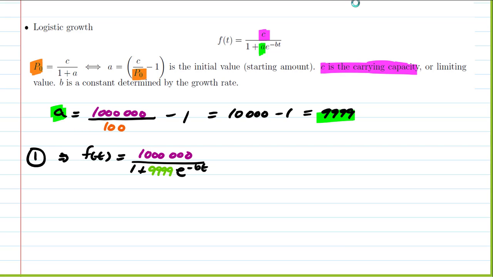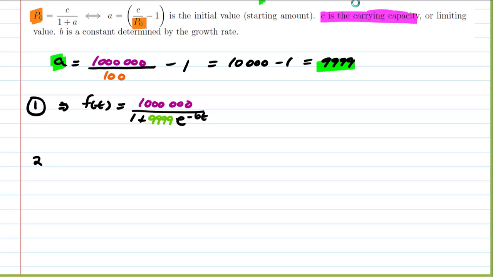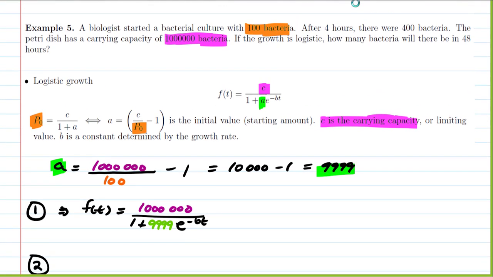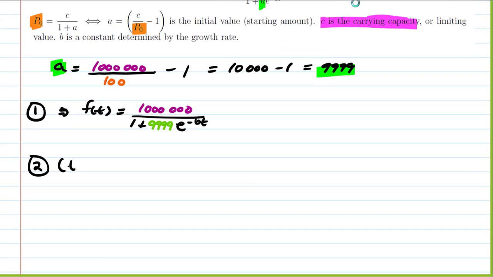So we still need to determine our value of b, but that's going to be our step 2. So now we need an ordered pair that goes together. We know after 4 hours that there are going to be 400 bacteria. So time and our population is going to be after 4 hours, there are 400 bacteria, and we're going to solve for B.